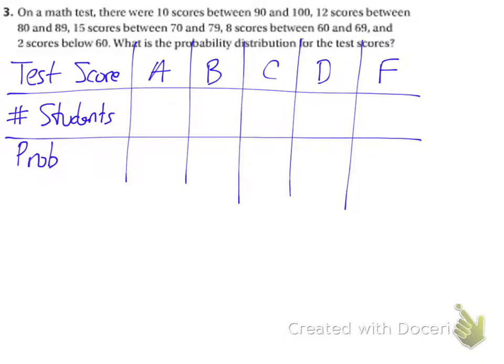There were 10 students that got an A, between 90 and 100, 12 that scored between an 80 and 89, 15 that got a C, and then 8 got a D and 2 got Fs.